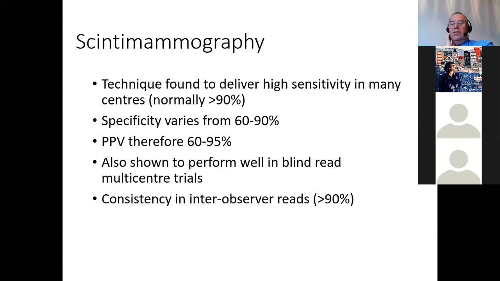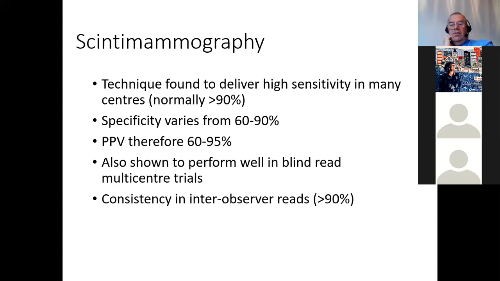And again, if you take the most sensitive anatomical technique, which is MR, which has a very similar sensitivity, just over 90%, to do that you're delivering a specificity of about 10%, which means only 1 out of 10 lesions that MR identifies as cancer is actually cancer. 9 out of 10 are benign.